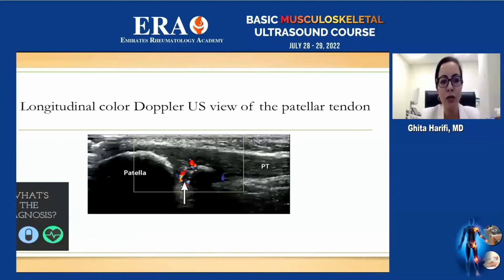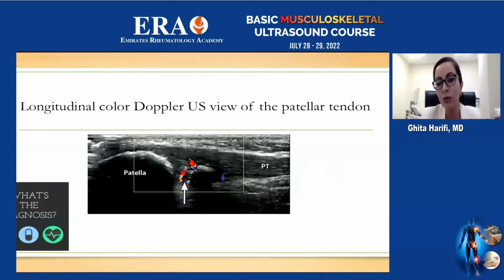A longitudinal color Doppler ultrasonography view now. We haven't spoken a lot about Doppler in the knee because its use is more limited here, but it can sometimes be helpful to identify an active enthesitis in the knee, patellar or quadriceps tendon.